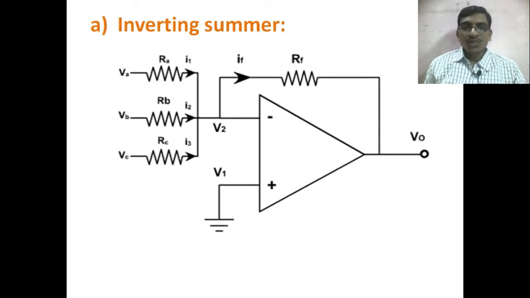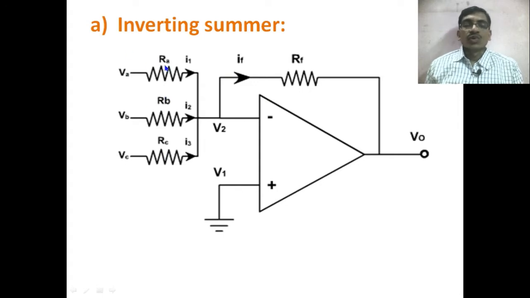This is the circuit for the inverting summer operational amplifier configuration. You can observe it has three input signals. VA, VB, VC are the three different input voltages, and these have been given to the input of our operational amplifier through the resistors RA, RB, RC.